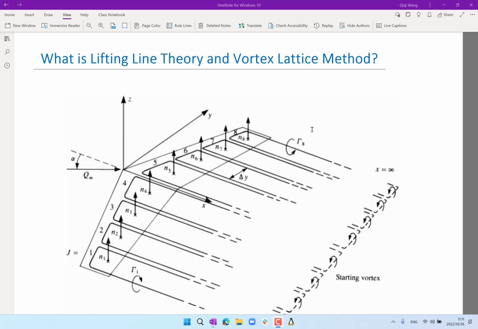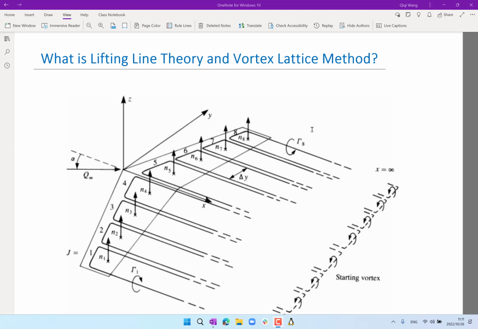So if your induced flow divided by the free stream velocity is not infinitesimally small, then these vortices are going to move. These vortices would move not only by the free stream flow, but also by the induced flow themselves. So this assumption is no longer true.